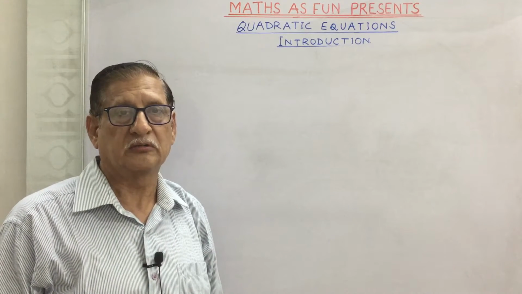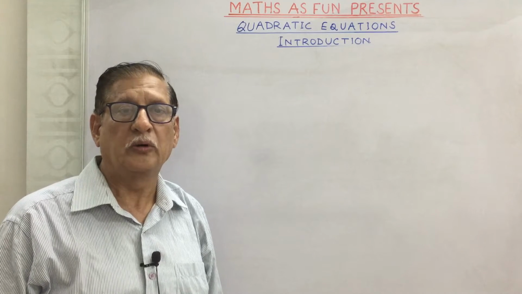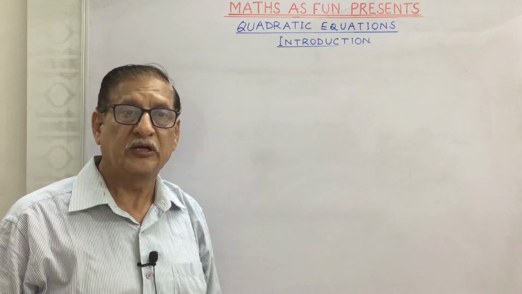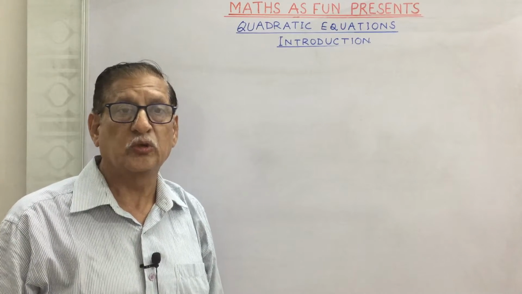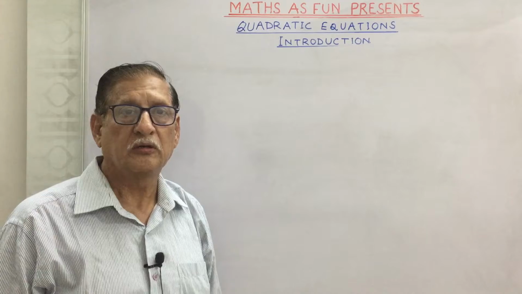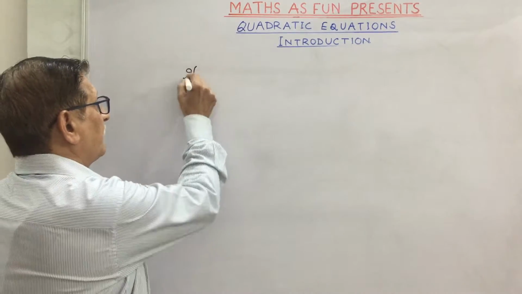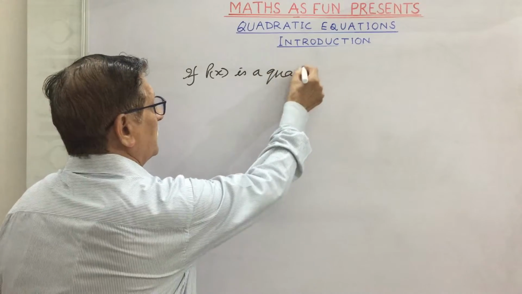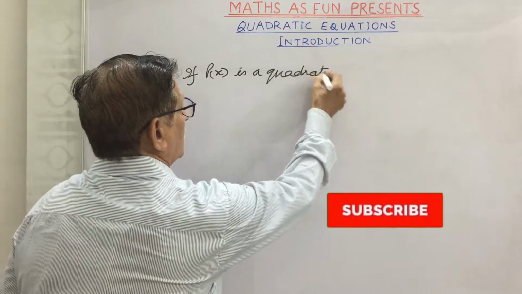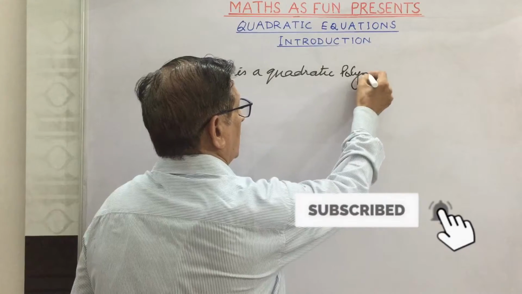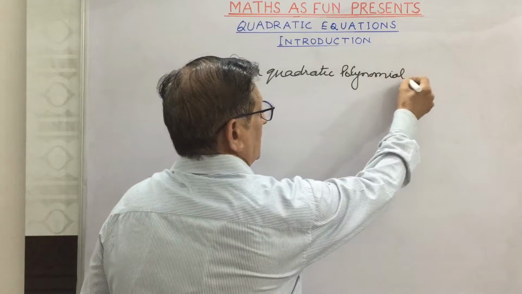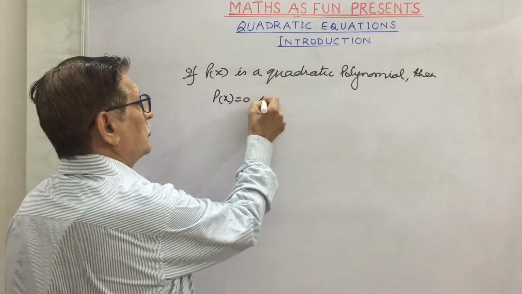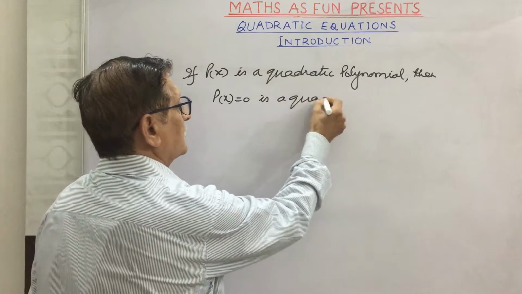What is a quadratic equation? We all know about quadratic polynomial. A polynomial of degree 2 is known as a quadratic polynomial. So we say if P(x) is a quadratic polynomial, then P(x) equal to 0 is a quadratic equation.